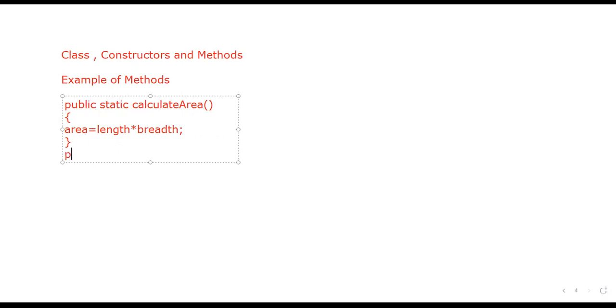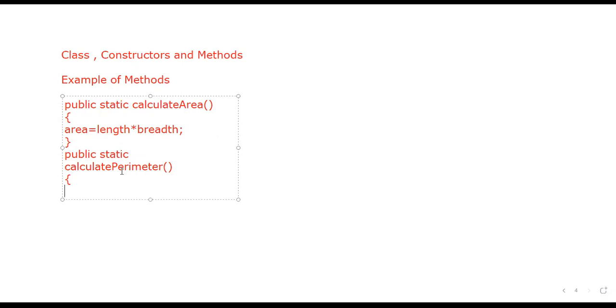सेकेंड फंक्शन हो गया पब्लिक, स्टैटिक. अब आप सोच रहे होगे कि मैंने void क्यों नहीं लिखा ना, वो मैं आपको बताऊंगी. ठीक है, पब्लिक, स्टैटिक, calculate perimeter. Inside this, what will we do? We will calculate what?